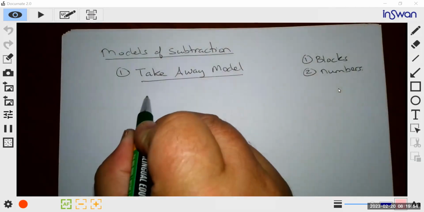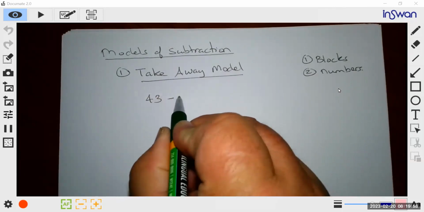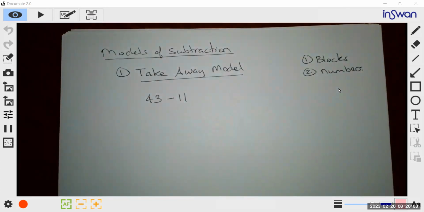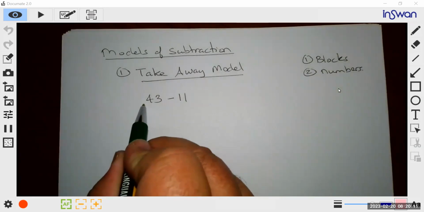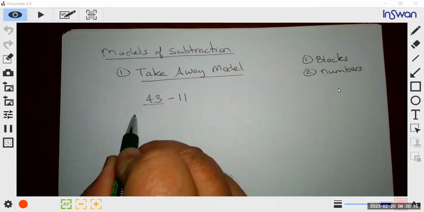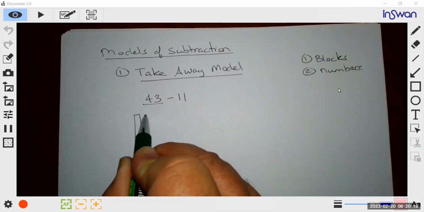So take away. Let's say we had 43 minus 11. So what does that mean? Using blocks, how would we represent 43? I mean, by putting 43 blocks, but then stack. We can do like a stack of 10. Yeah, we have the bars.